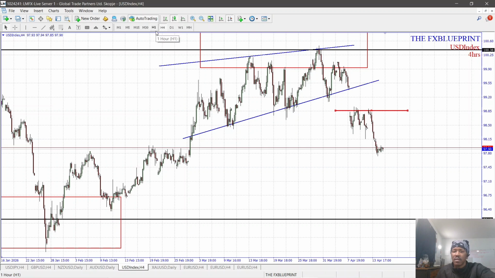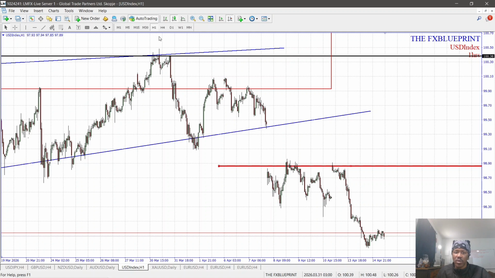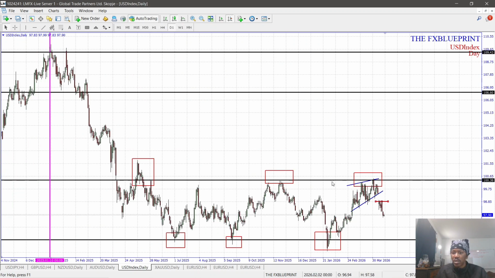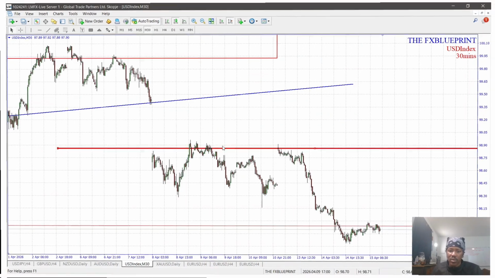You can clearly see this demonstrated in 1 hour. And so if you were trading this pair or trading the index, you would have used the bigger support and the bigger resistance level, and you would have tried to zoom in and use your candlestick structure to make sure you have exactly what you're looking for.